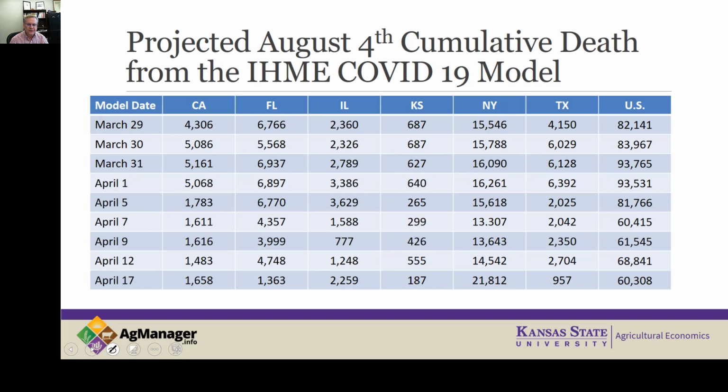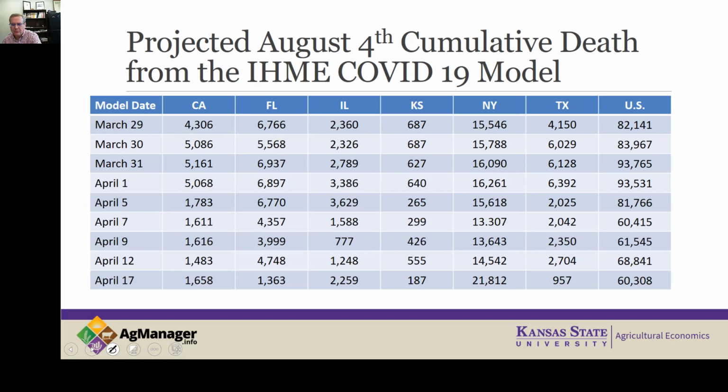This, for those of you that like numbers as opposed to graphs, basically looks at the projected August 4th cumulative death from the COVID-19 model. And so you can look at those, and again, these are on agmanager.info if you want to take a look.